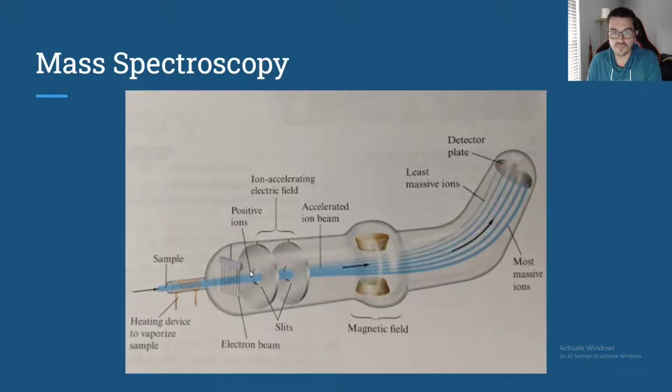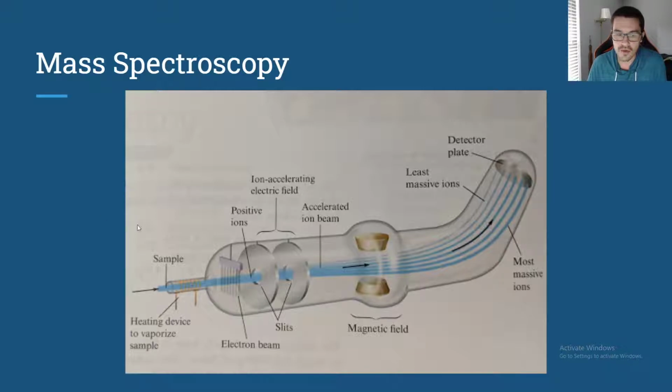Okay, all right. So this is getting to the actual learning objective for the topic. We need to learn a little bit about mass spectroscopy. I don't have any written notes here, but some of the things that I say you might want to write down. We don't have to be experts at mass spectroscopy.